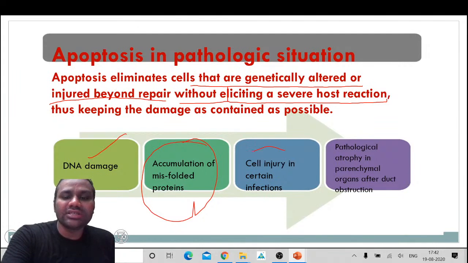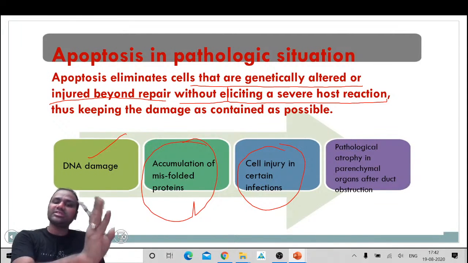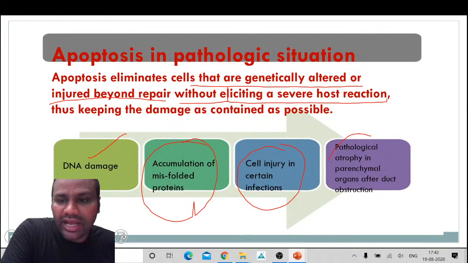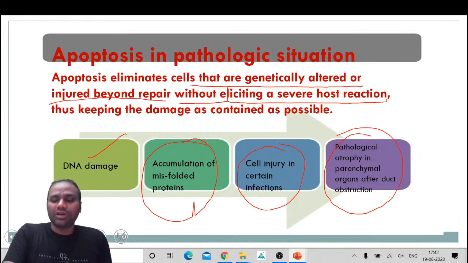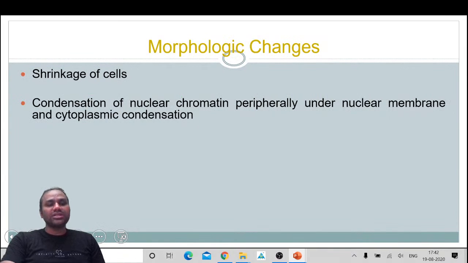Cell injury in certain infections, and in amyotrophic lateral sclerosis, some of the diseases occur because of apoptosis. Now pathological atrophy in parenchymal organs after duct obstruction can occur. So these are the pathological situations.